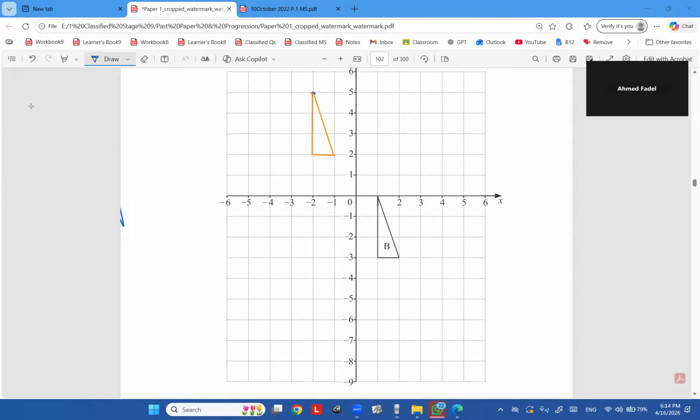And just don't forget to label it. So by labeling it here, we mean that you need to write letter A inside. This way, if it gets translated 3 right and 5 down, yes, it is going to be translated onto shape B.